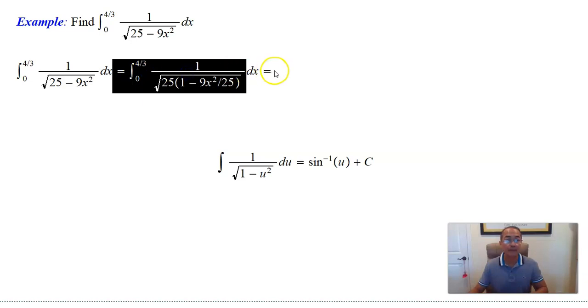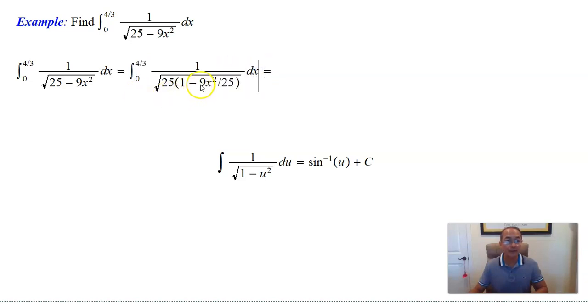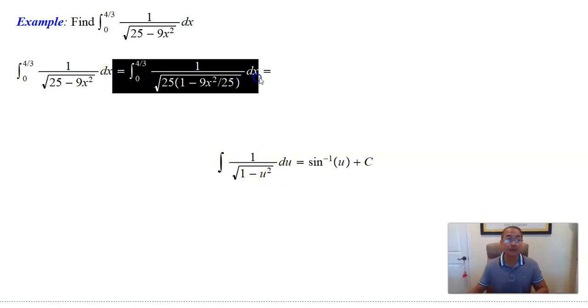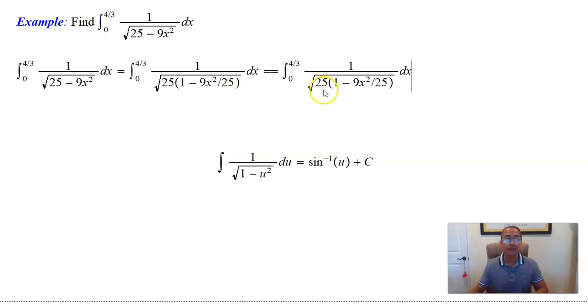And we can write 9x squared over 25 as the square of something, because that something is what we are going to use as our substitution u. So we will take the 25 outside, and it becomes simply 5.